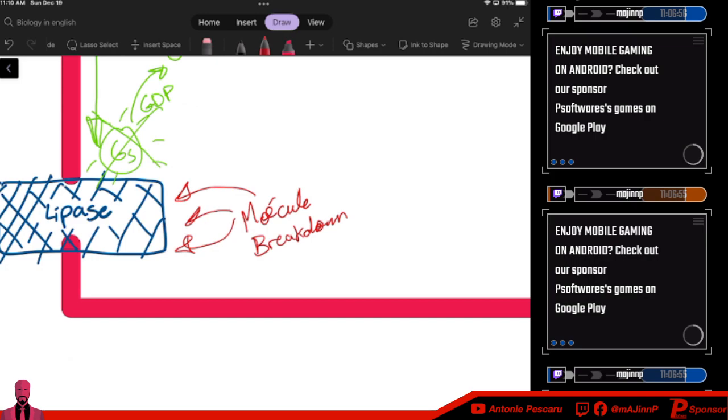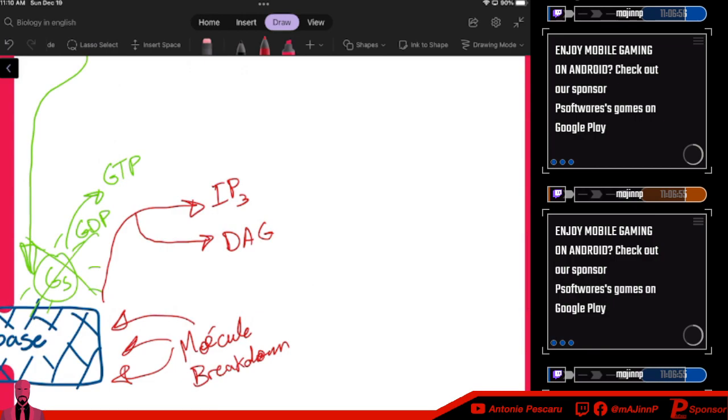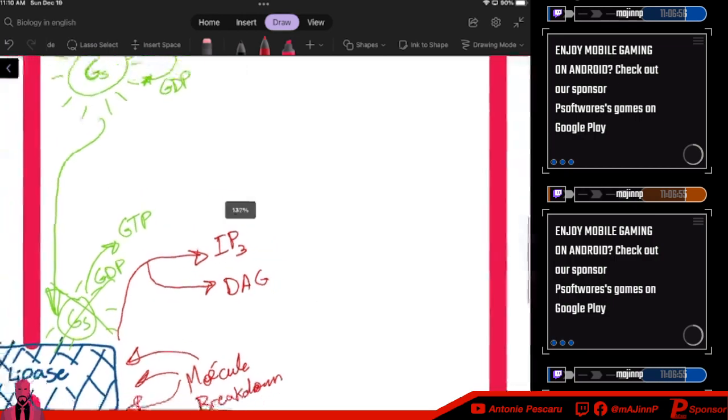And then after it breaks them down, it's going to make other molecules. So there are two pathways here. One of them is IP3, and one of them is DAG. We're going to start with the IP3 pathway.